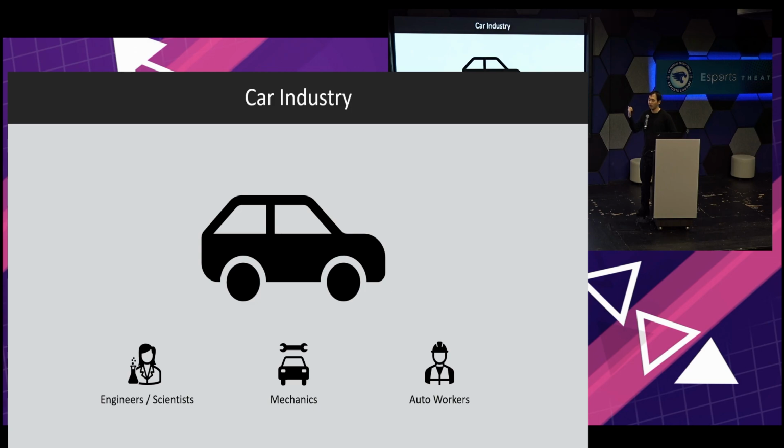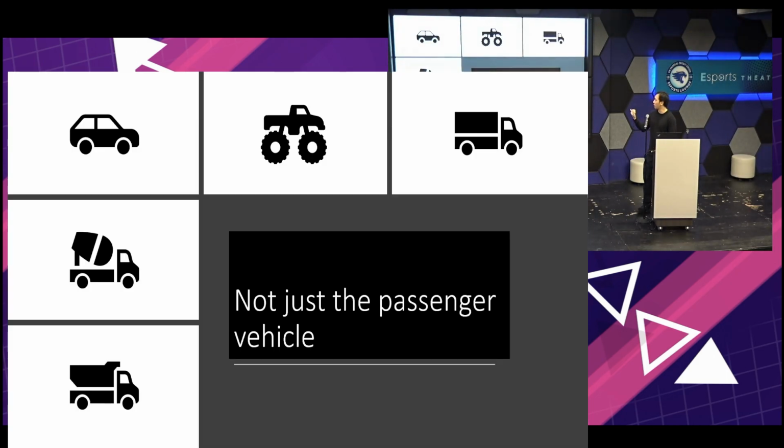But are they pretty much all the people working in the auto industry? Maybe not, right? And the passenger car is not the only car. There are many other cars that serve different purposes.